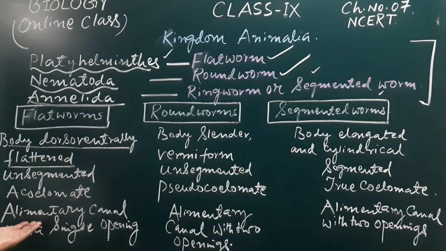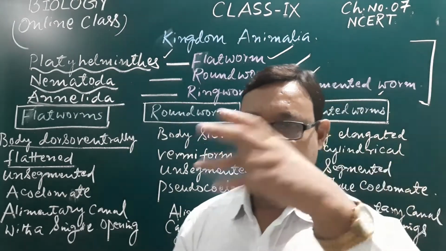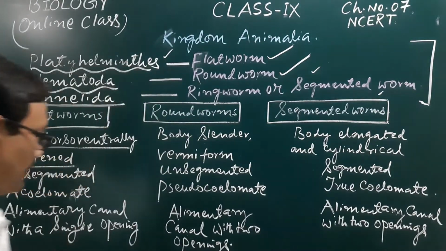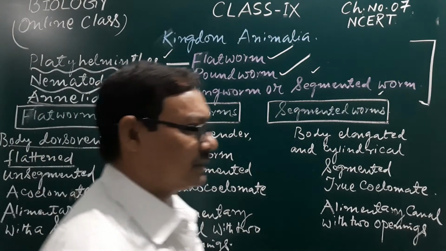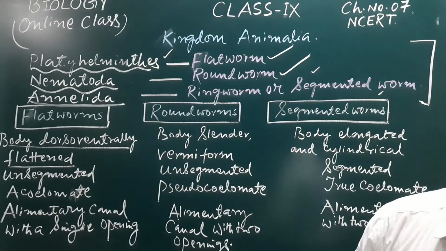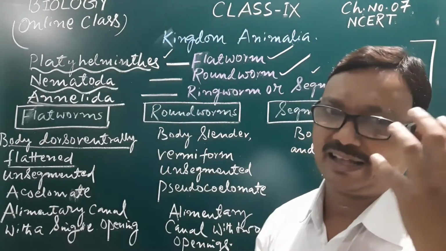The last point I have mentioned: alimentary canal with single opening. Single opening means just the mouth is present. Alimentary canal with 2 openings means the 2 important openings of the alimentary canal, that is the mouth and the anus.